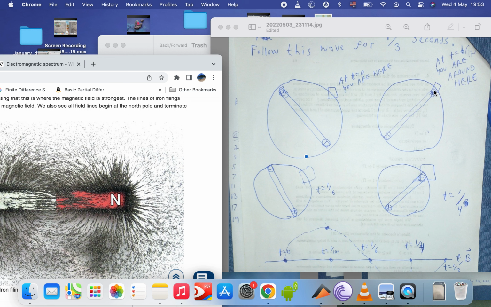Here we have a plus sign that's barely moving with respect to us, and a minus sign that's barely moving with respect to us as far as the field lines go. So here, the magnetic flux is going to be very low, but the magnetic field is going to be very high. So this is t equals 1/12 seconds.